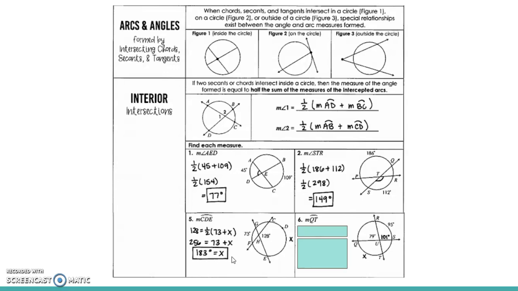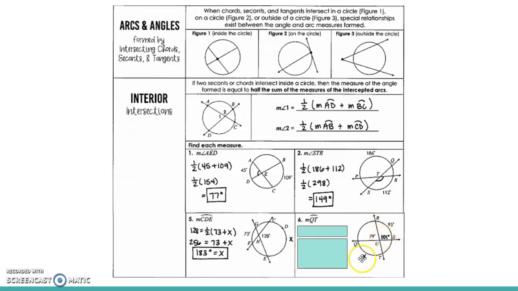Number 6, we're also finding an arc, QT. I see that they gave me 79 degrees for angle QUR. I know that 79 and the other missing angle, SUR, are supplementary, so that's why I have 101 written in there, because I subtracted 79 from 180.